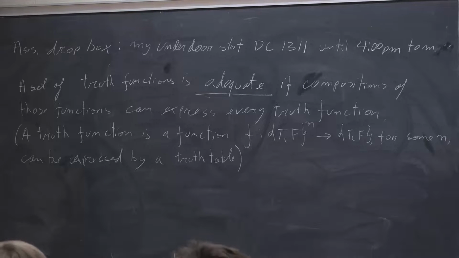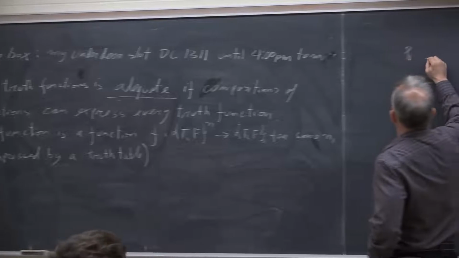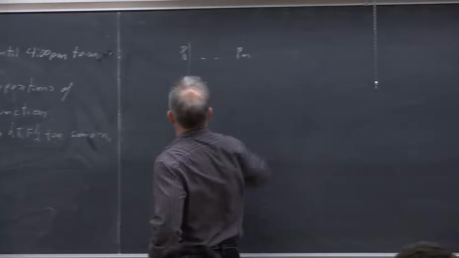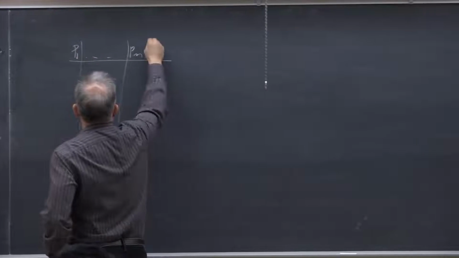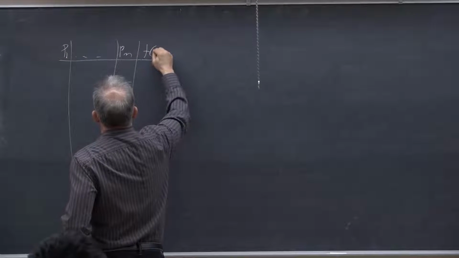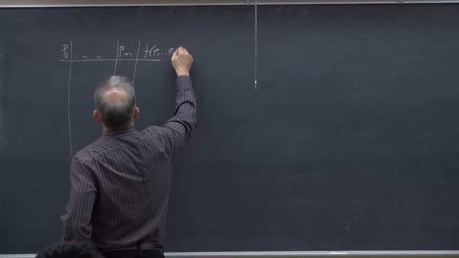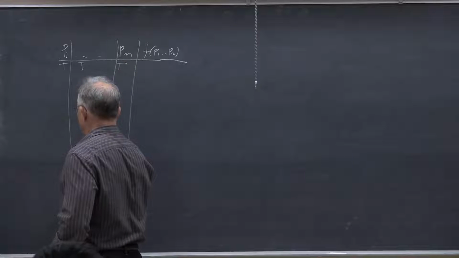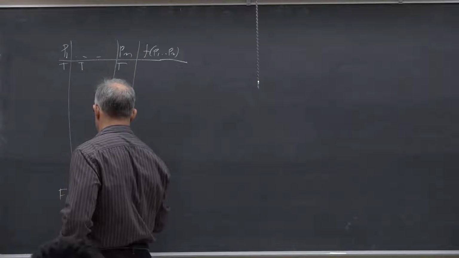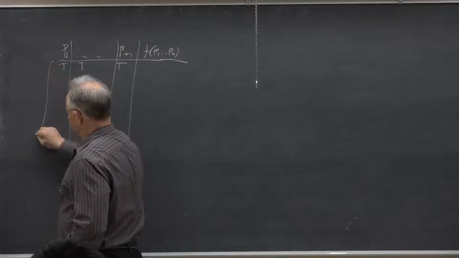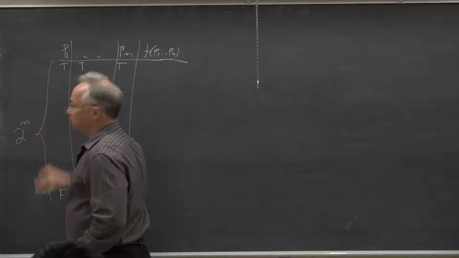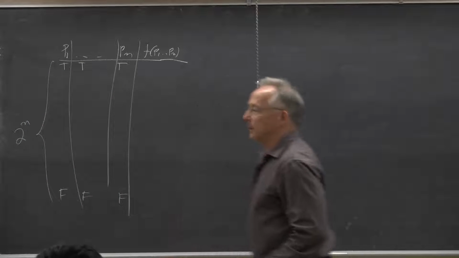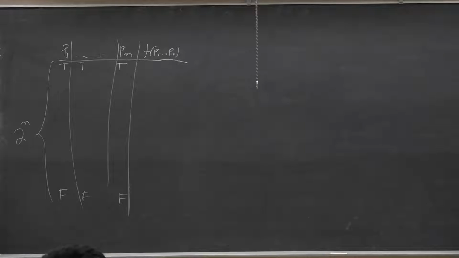So you have P1 up to Pn, and here you have f of P1 up to Pn. And they can take all possible TF vectors. So such a table has 2 to the n many rows. So that's a truth function.